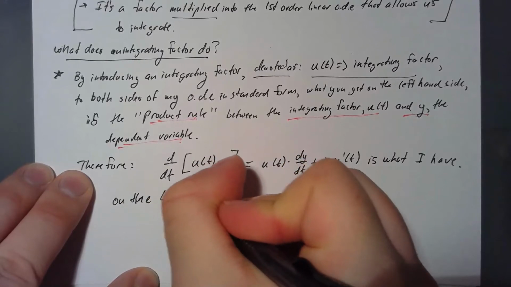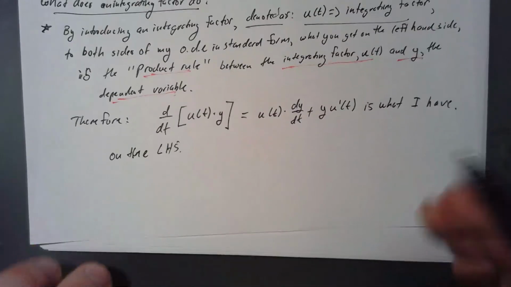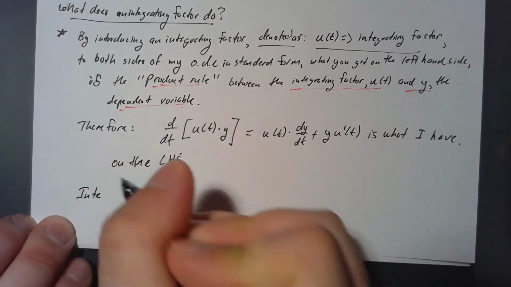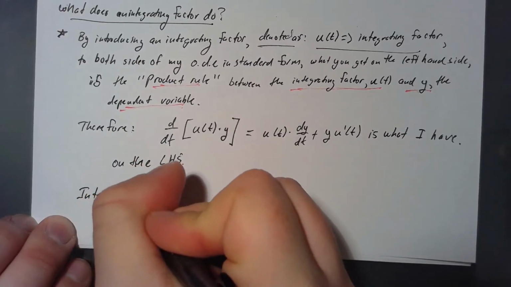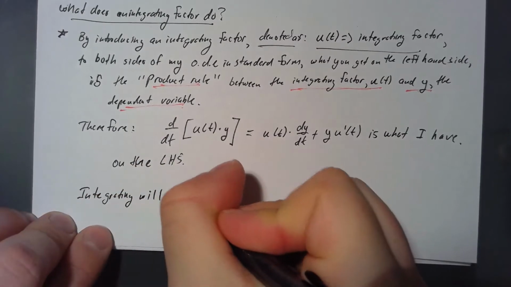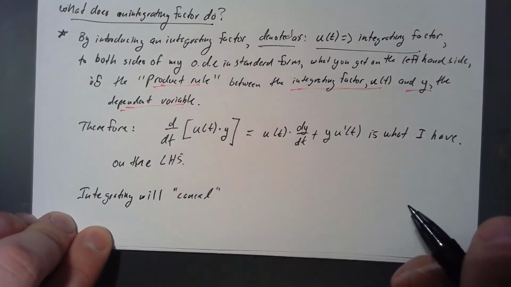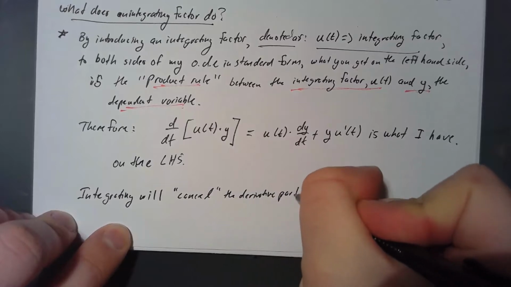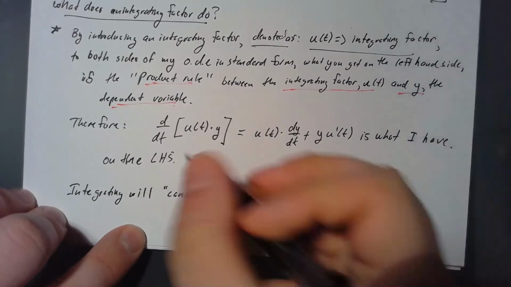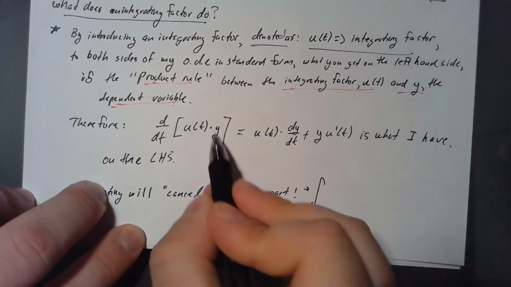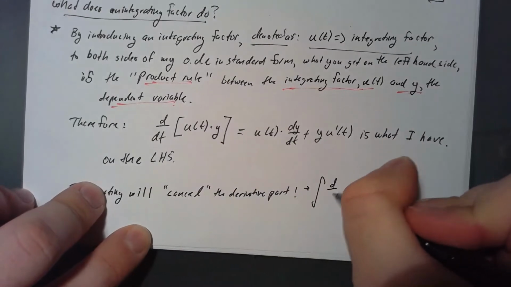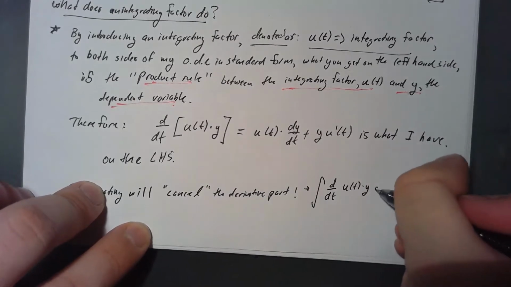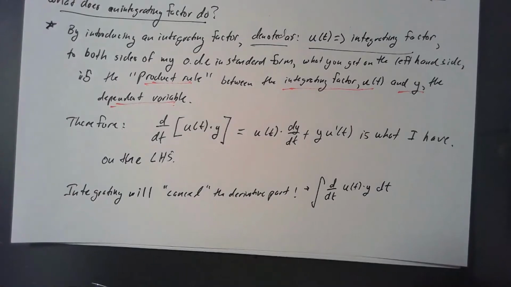On the left hand side. So when I integrate, I'll just say this to summarize: integrating will cancel the derivative part. So if I integrate this, I have the integral of this derivative with respect to t, right?